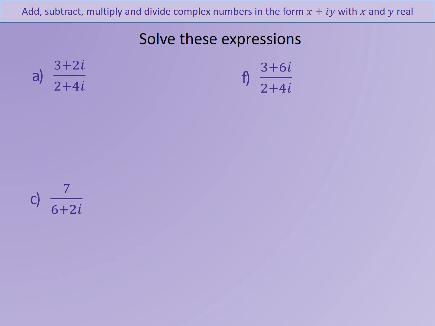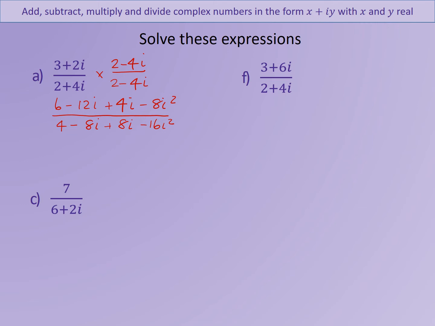Okay, I've chosen to have a look at A, C and F. First one, if we multiply through by the complex conjugate of the denominator, so 2 minus 4i over 2 minus 4i, multiplying the numerators together will give us 6 minus 12i plus 4i minus 8i squared, and that will be over 4 minus 8i plus 8i minus 16i squared.